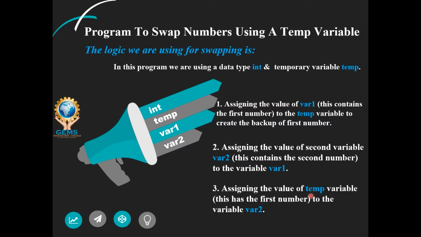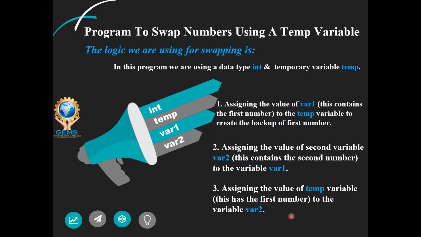So once again I am just explaining these 3 points. First point says that the value which is held by the variable 1 is assigned to the temp variable. Second point says that the value which is held by the variable 2 is now going to be assigned to variable 1.